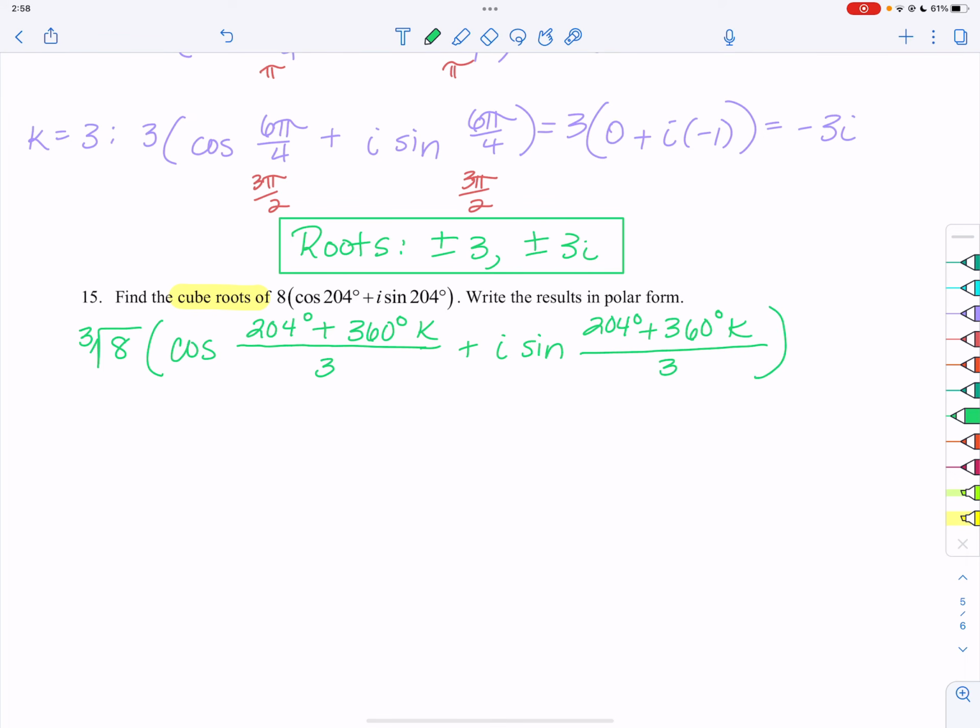And again, we have to define k, and here k will be 0, 1, and 2, since we're just finding the cube roots.